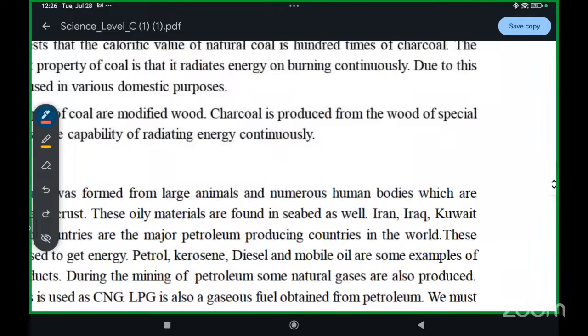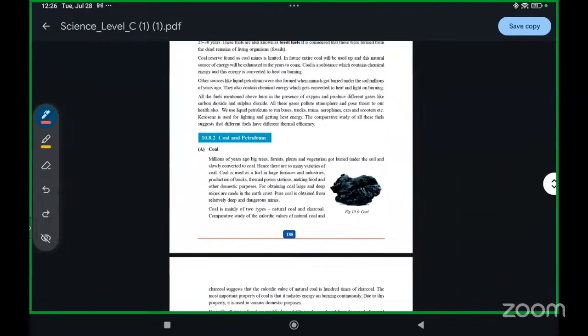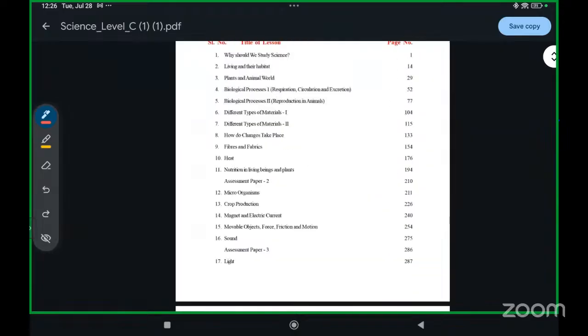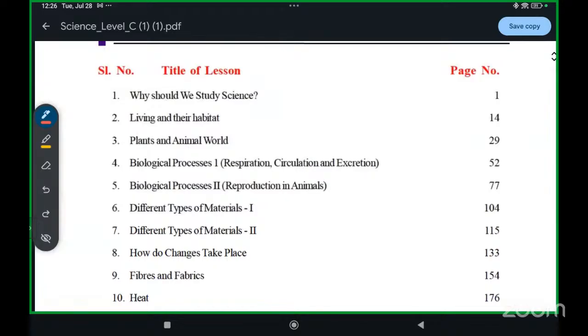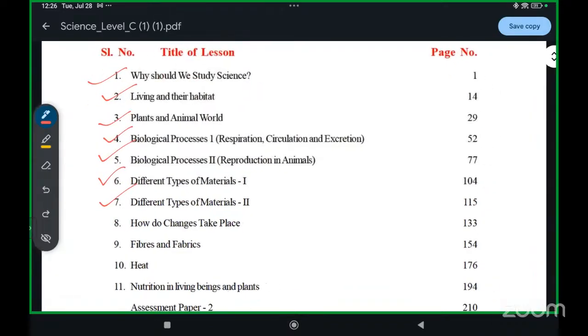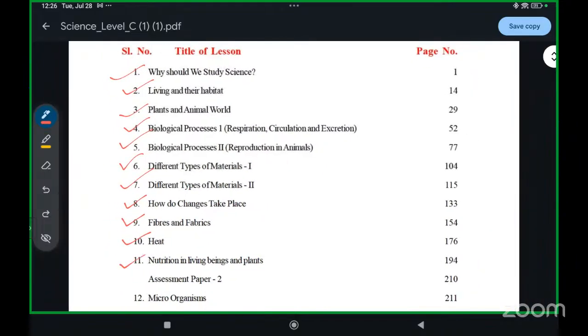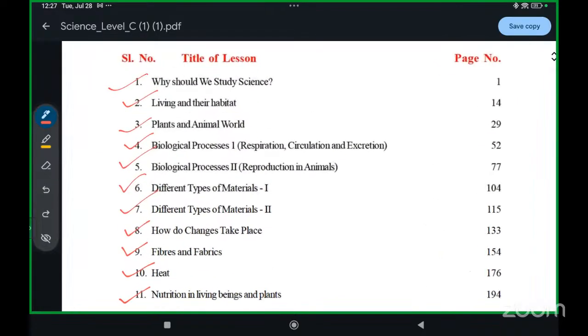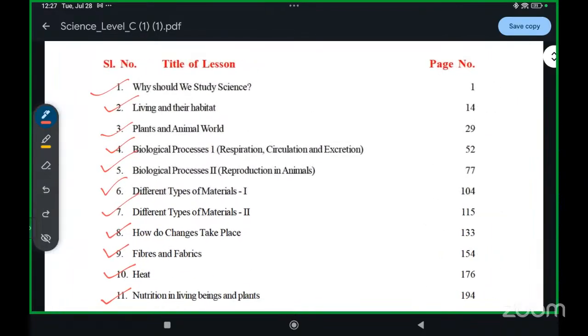Now in science, till now we have done lessons 1, 2, 3, 4, 5, 6, 7, 8, 9, 10, and 11 also. Those are the chapters done till now. The tests I have taken till now are, I think, the second chapter, the third chapter, and the sixth chapter.